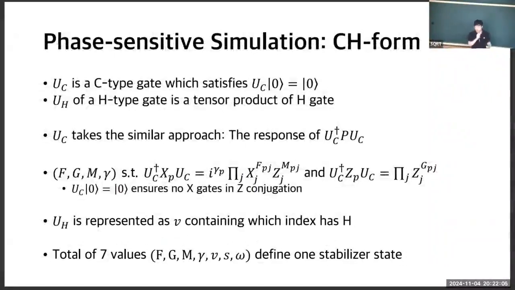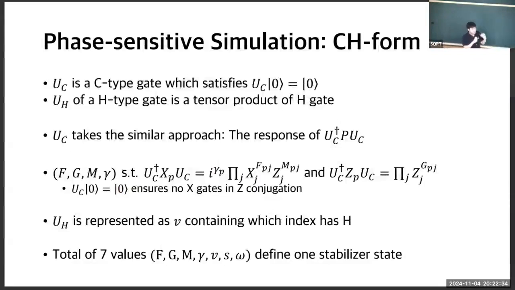So the C-type gate and H-type gate are gates that satisfy UC applied to 0 equals 0. So UC is a stabilizer of the state 0, and UH is just a tensor product of Hadamard gates. UC contains S, C naught and Z, and UH just contains the H gate. So all of the Clifford gates except H would be included in UC.